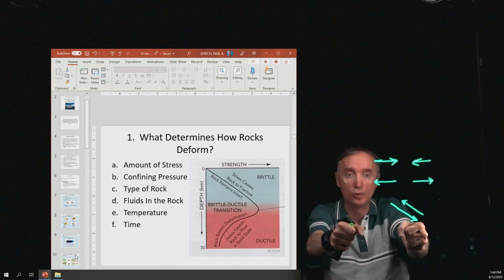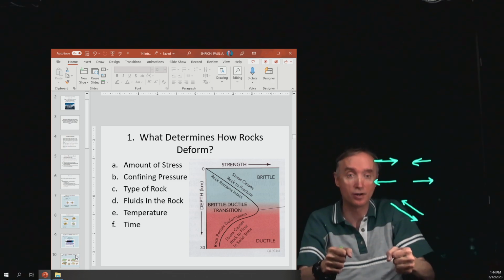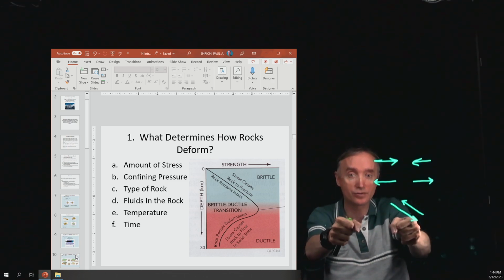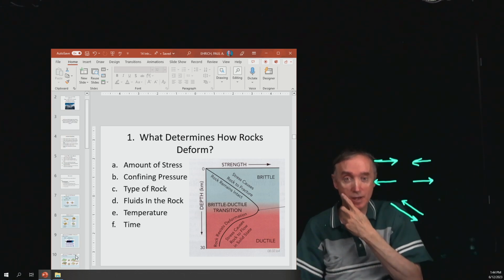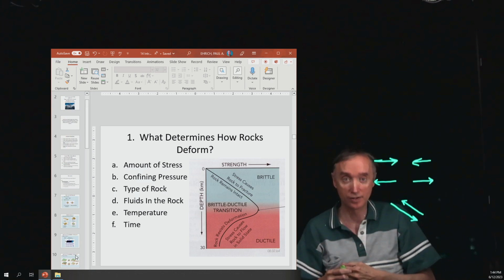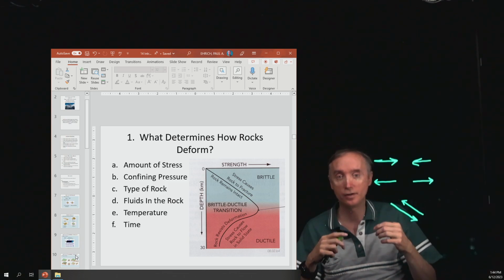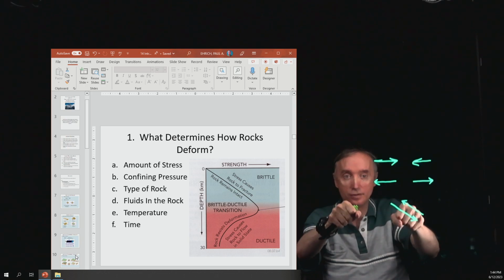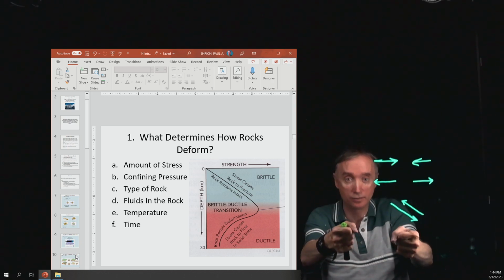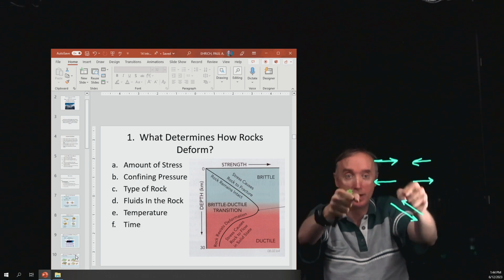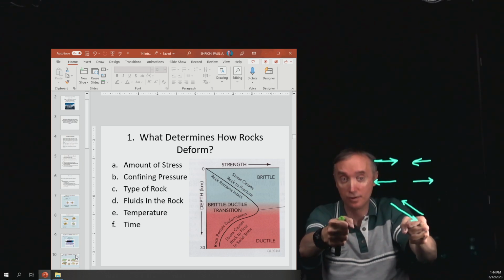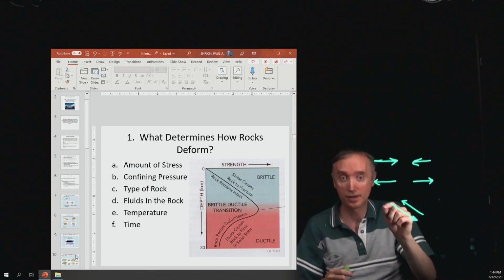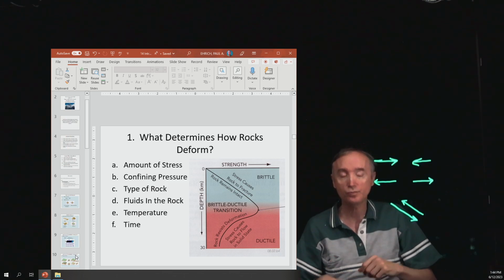Sometimes, though, when you release the force on it, it doesn't return back to its original shape. And we say that it's behaving ductile when it does that. It's going to be behaving brittle when first it's going to bend and then it's going to break. If, on the other hand, it bends and then it doesn't return back to its original shape, that's going to be ductile.